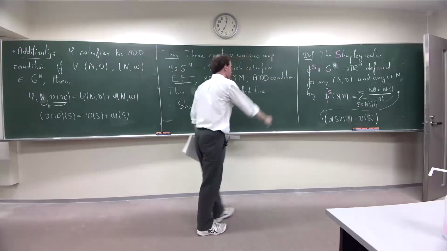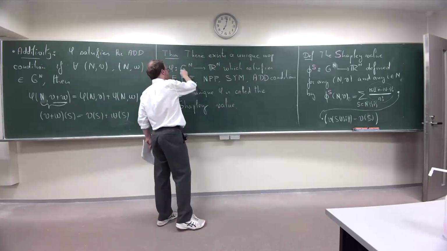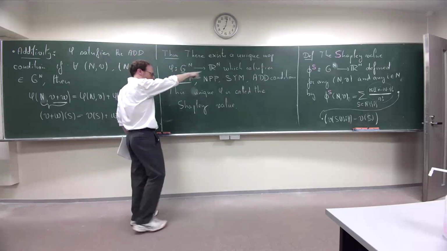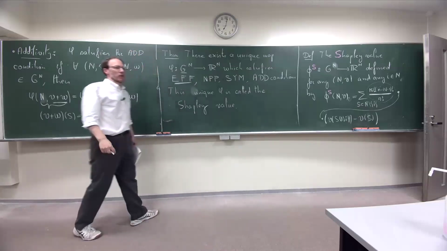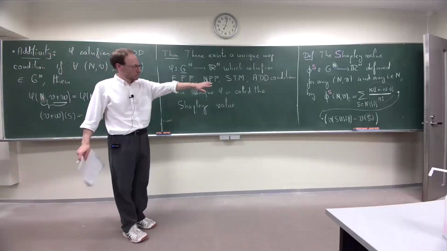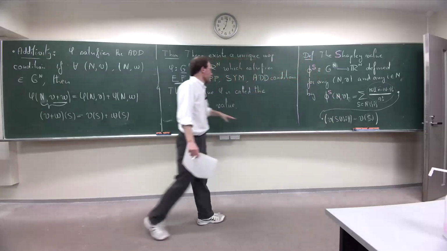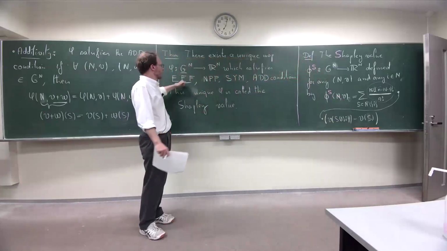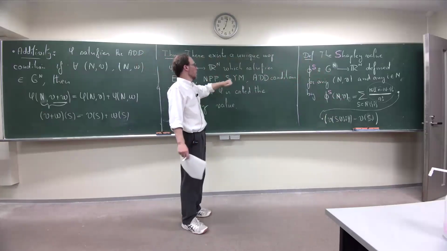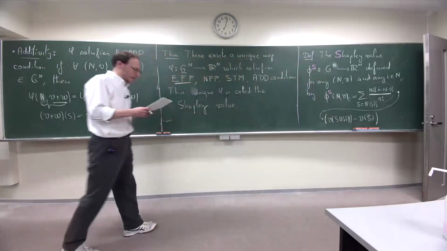But this formula is a formula for all games that satisfy these 4 conditions. So it's the same formula for all games. That's why this is an arbitrary game. If you apply this rule, it's efficient. It gives 0 to null players. It's symmetric among players, and it satisfies this additivity condition.